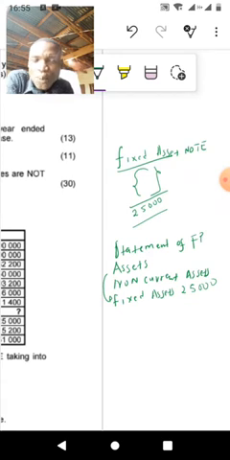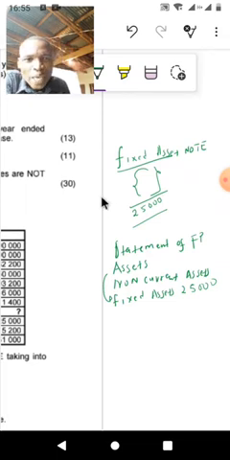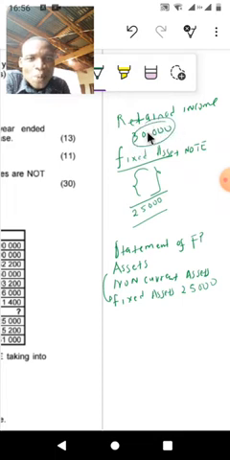So what you get from the note, you will take it to the financial statement. So if you prepare the retained income note, let's say you get 30,000 from this note.